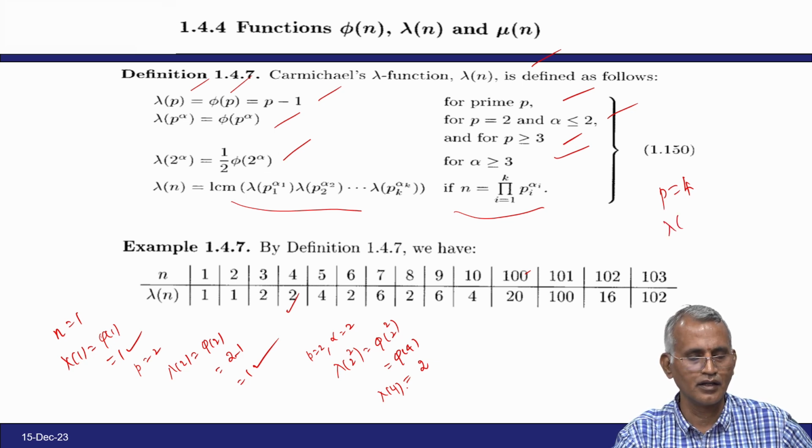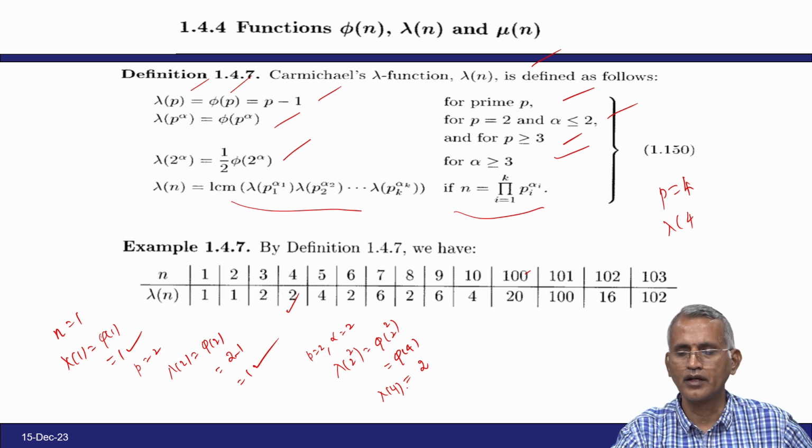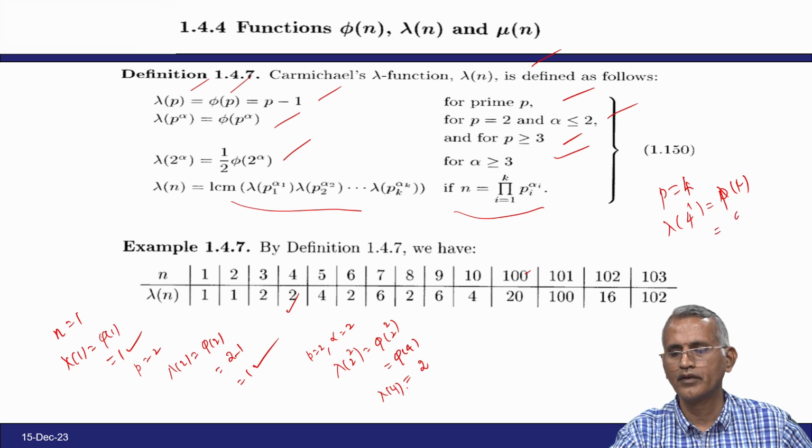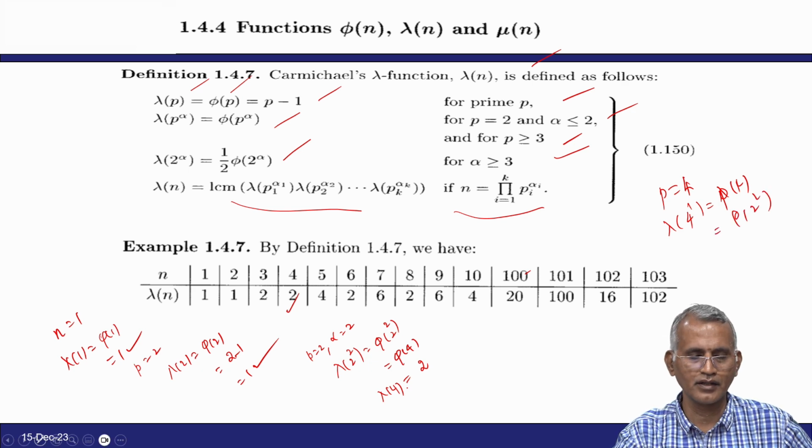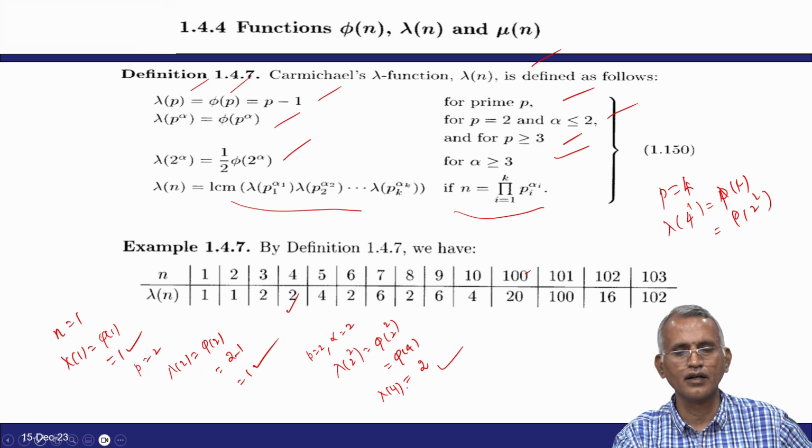Then lambda of 4 is phi of 2 square, already we have done it. So this holds good.